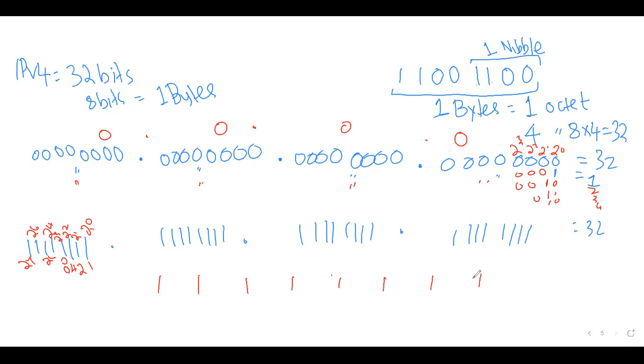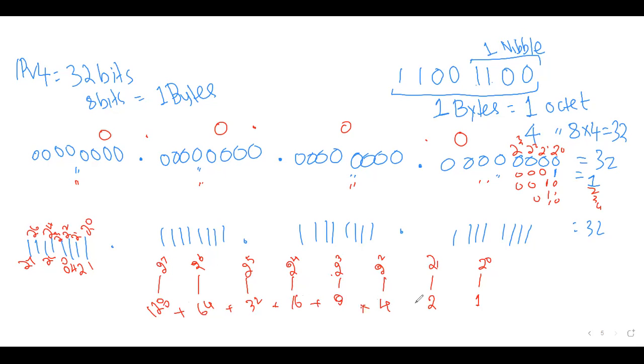How many? 1, 2, 3, 4, 5, 6, 7, 8, which means 2 raised to 0, 1, 2, 3, 4, 5, 6, 7. 2 raised to 0 means 1, 2 raised to 1 means 2, 2 raised to 2 means 4, and so on: 1, 2, 4, 8, 16, 32, 64, 128. So all are turned on.